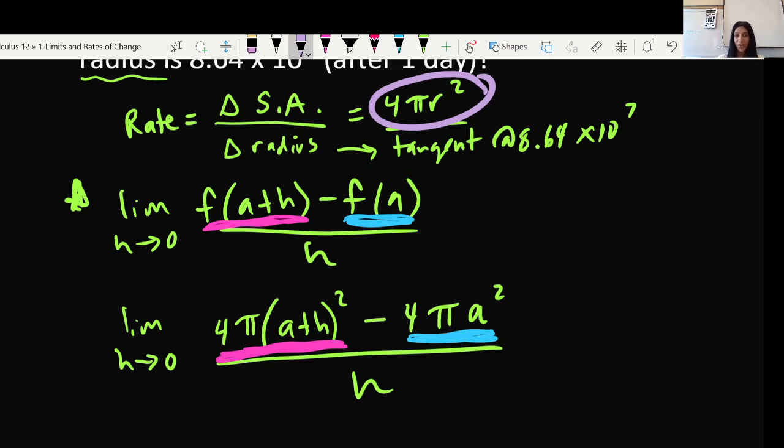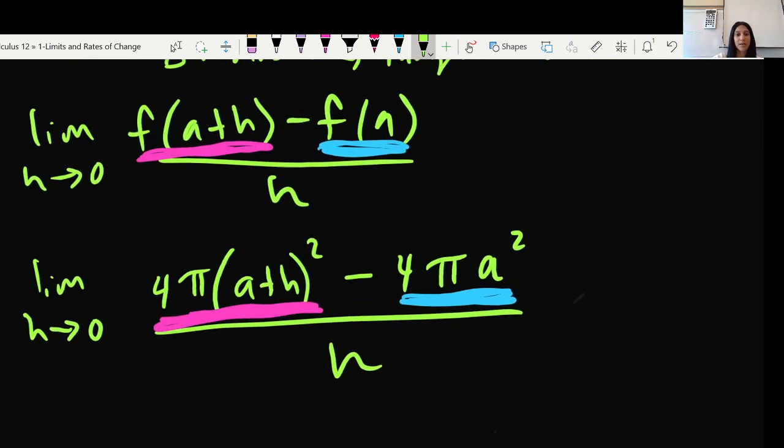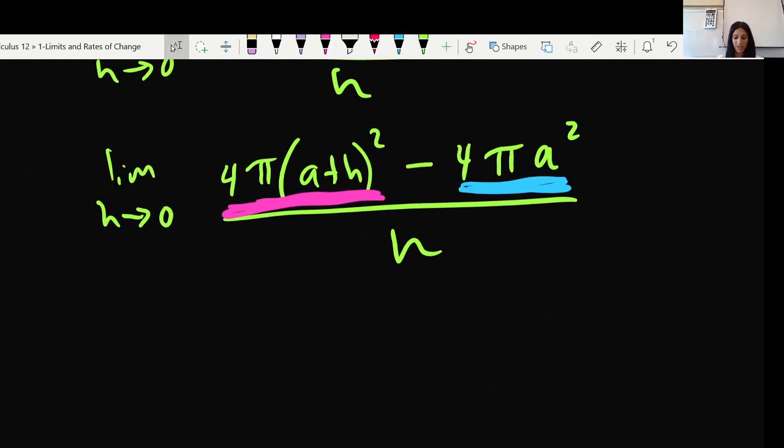Okay, so again, the rest of this from this point forward becomes all about our algebra skills and simplification skills that we've picked up and practiced over the years. So again, I'm going to assume that you are all okay with a plus h times a plus h and expanding and multiplying that out.